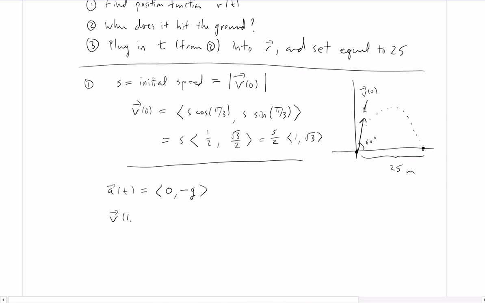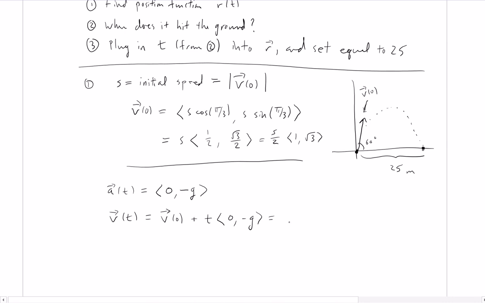Now to get the velocity, of course we integrate. So we take the integral of the acceleration, and we get the initial velocity plus t times the vector from before.